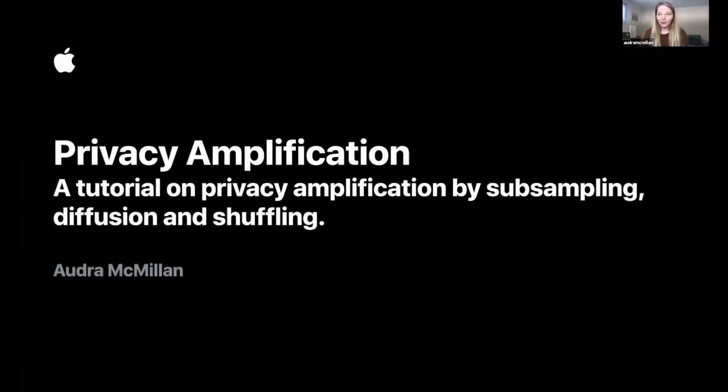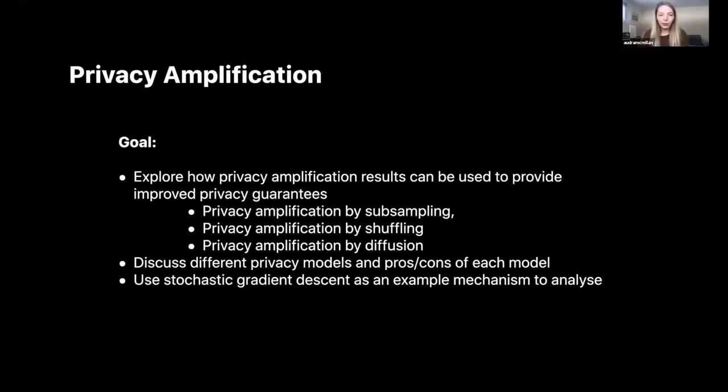Yes. Okay, so I'm going to talk about privacy amplification, specifically in differential privacy. Our goal throughout this talk is to explore how privacy amplification results can be used to improve privacy guarantees. We're going to talk about three specific types of privacy amplification: by subsampling, by shuffling, and by diffusion or post-processing.